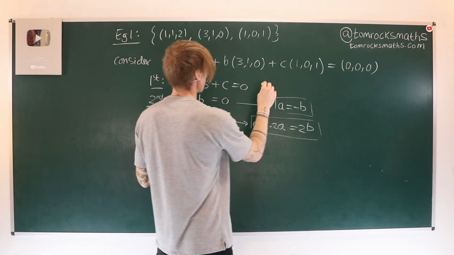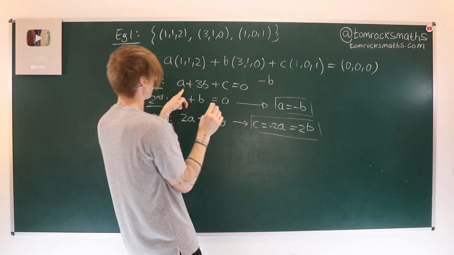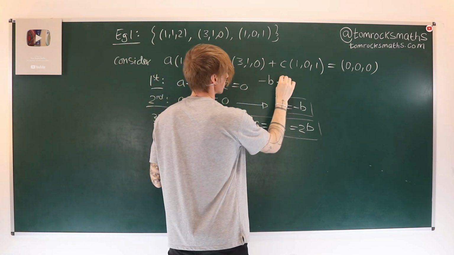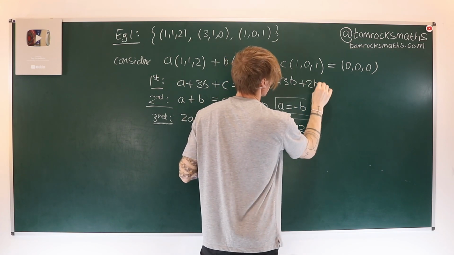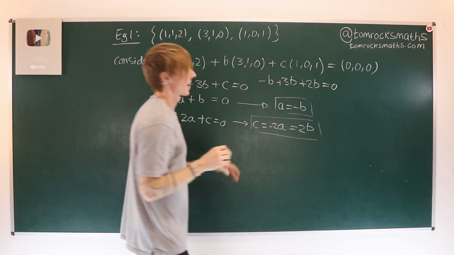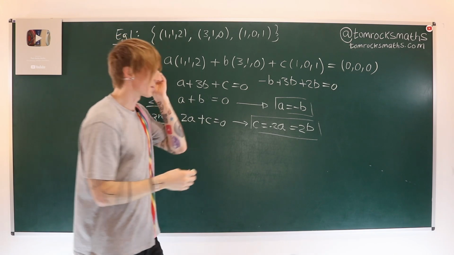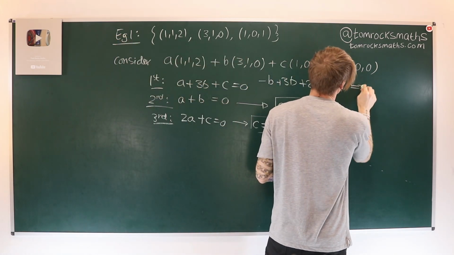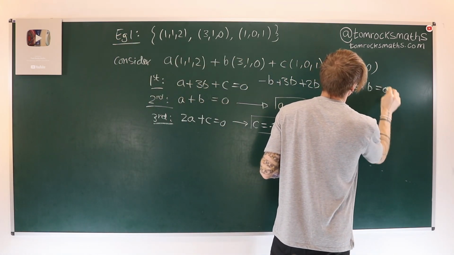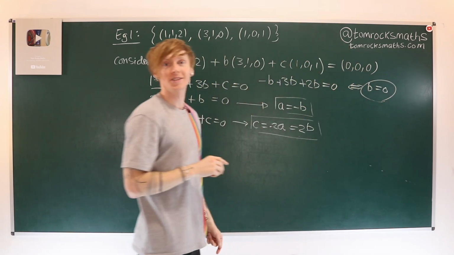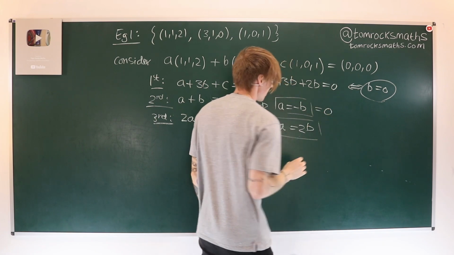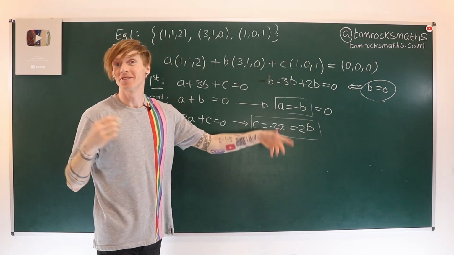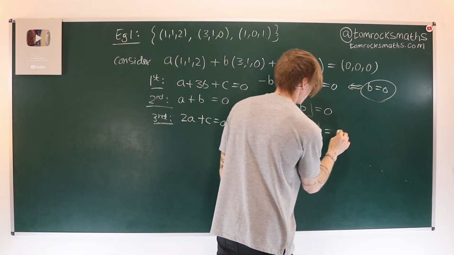So we're going to get minus b for the a, plus 3b, plus c, which is plus another 2b, equals 0. So that gives us 4b is 0, so that tells us that b is 0. So if b is 0, I know that a is minus b, so this is now 0, and I know that c is 2b, so that's now 0.